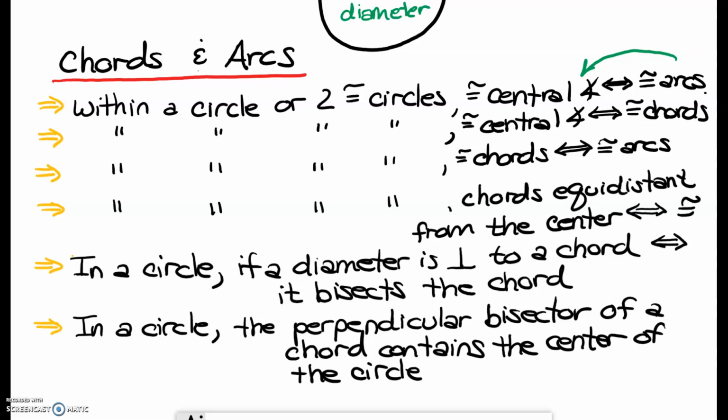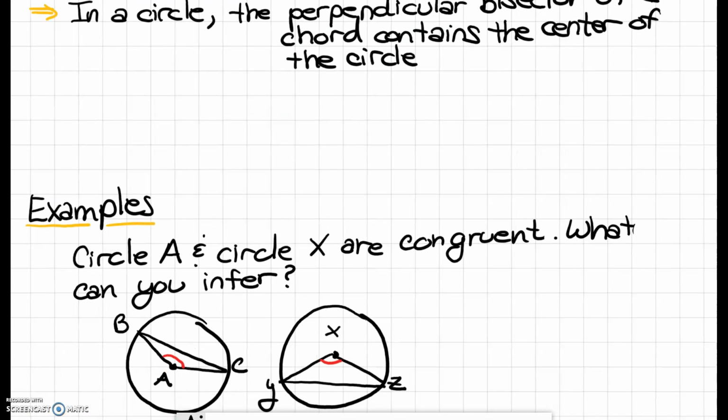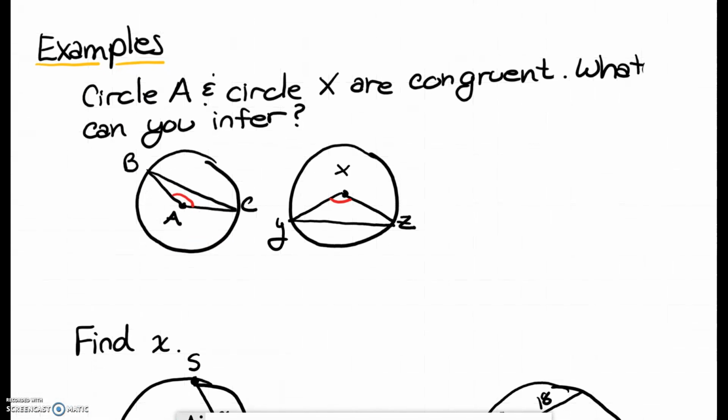If we can find central angles that are congruent, then we can infer their arcs are congruent. So we have two central angles that are congruent right here, then their arcs are congruent. So arc BC must be congruent to arc YZ.